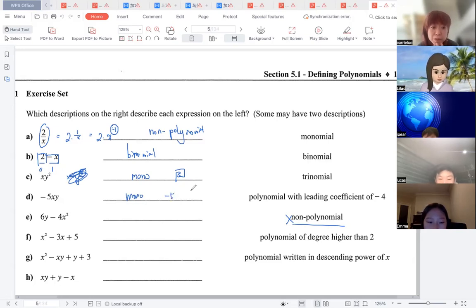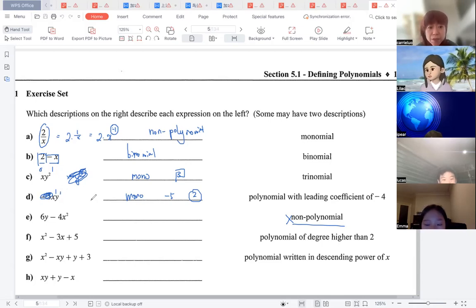And could you please tell me the degree of this one? 3? No, it is 2. When we're talking about the degree of a polynomial, remember, we only care about the powers on the variables. We don't discuss the number part. Understand, Emma? So it's 1 plus 1 equals 2. Okay, I think you understand this one better.